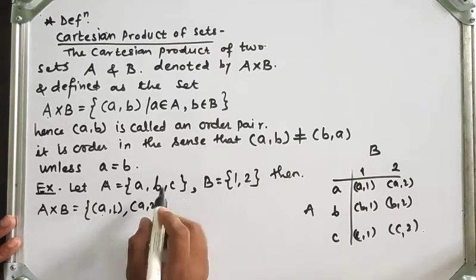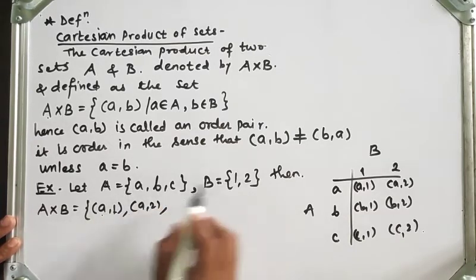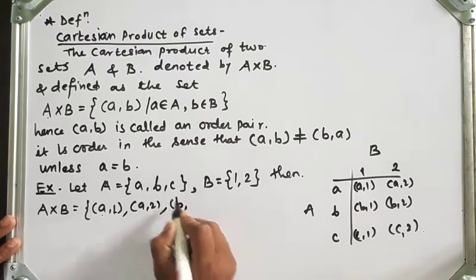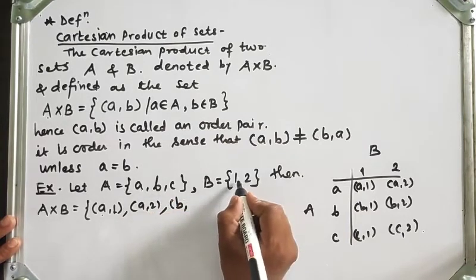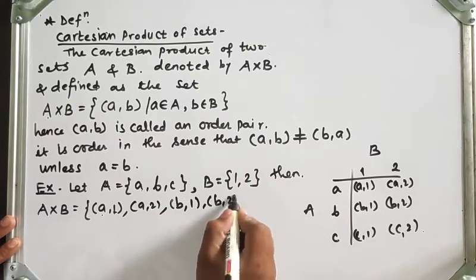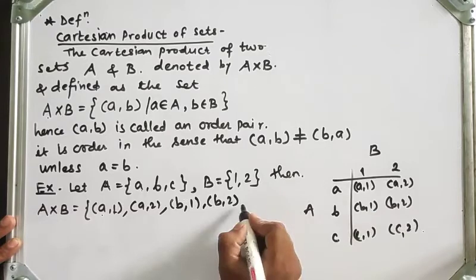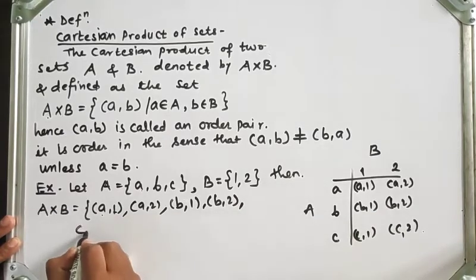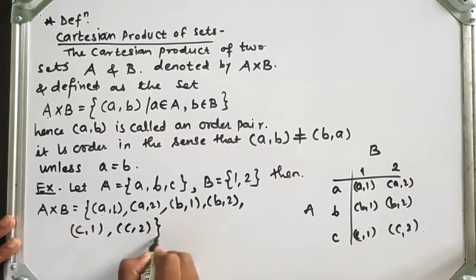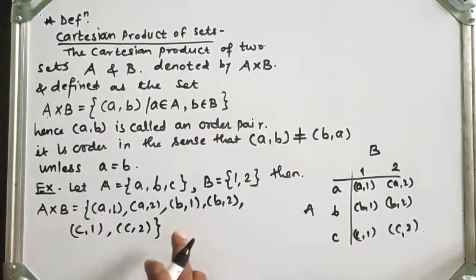So we take A with 1 and A with 2. Second, we take B in the first place and elements from B in the second place: B1 and B2. Next, C1 and C2. These are the 6 elements in A cross B.